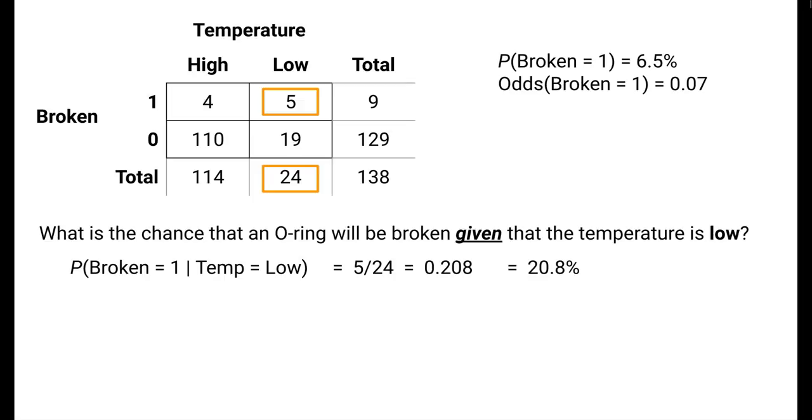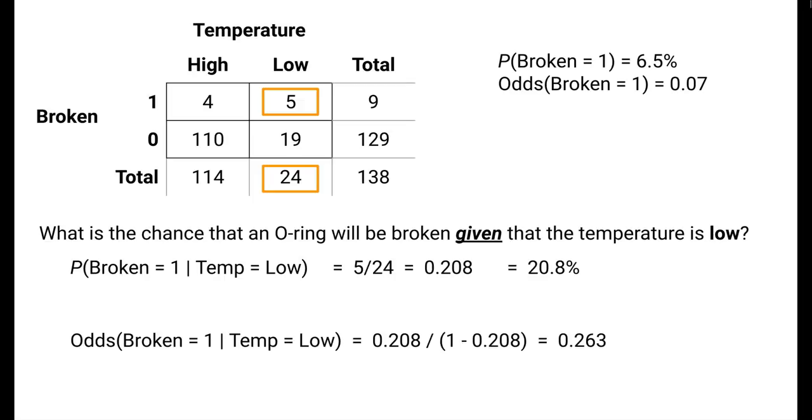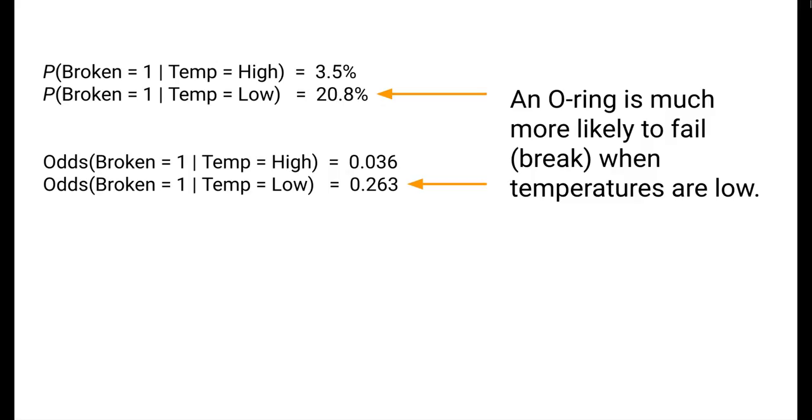As when temperature was high, note that this conditional probability is different from the original chance of an O-ring being broken. This time it's a fair bit higher. This is another indication that temperature is informative about the chance of an O-ring being broken. And as before, we could summarize this information with an odds. The odds of 0.263 tells us that when temperature is low, an O-ring is 0.263 times as likely to be broken as not broken.